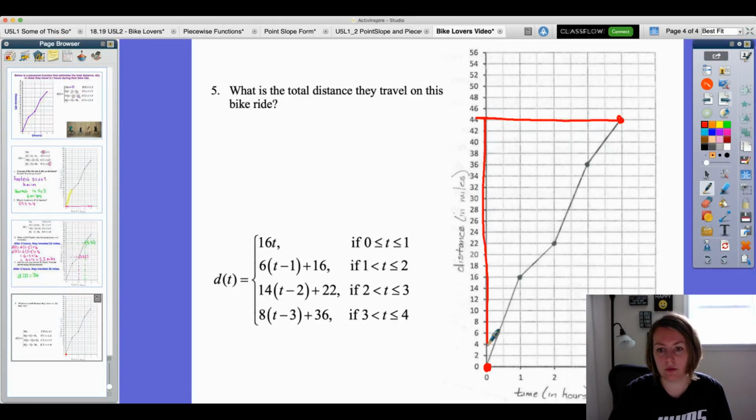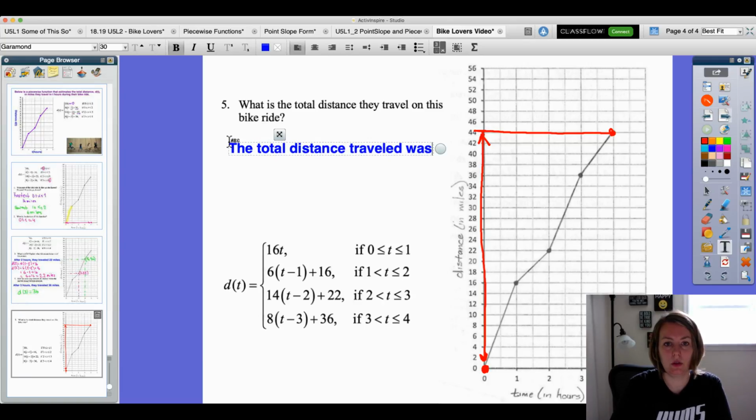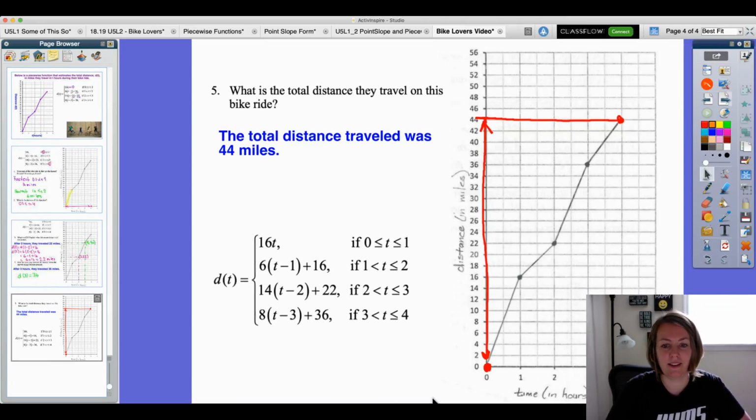So they traveled from 0 all the way to 44. So we can say the total distance traveled was 44 miles. Alrighty.